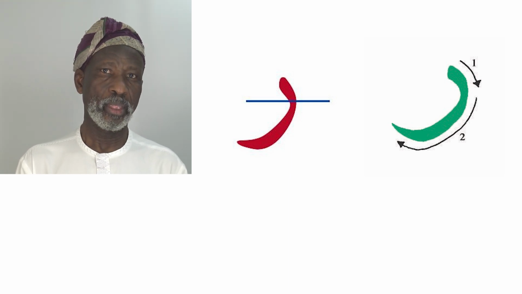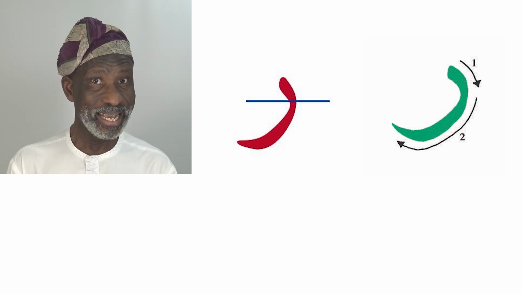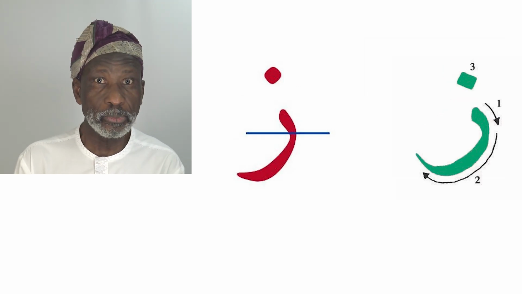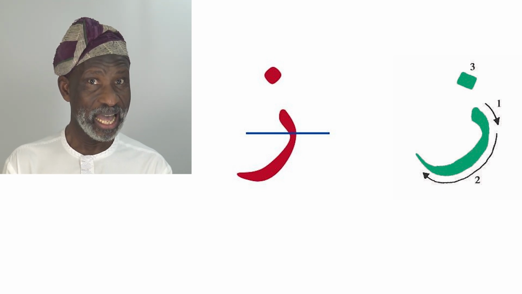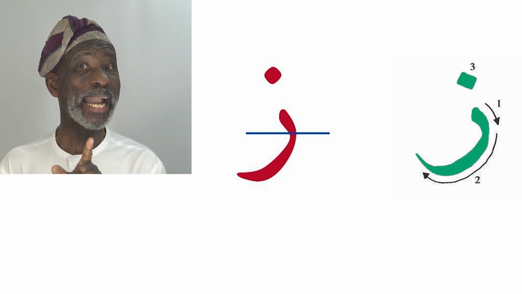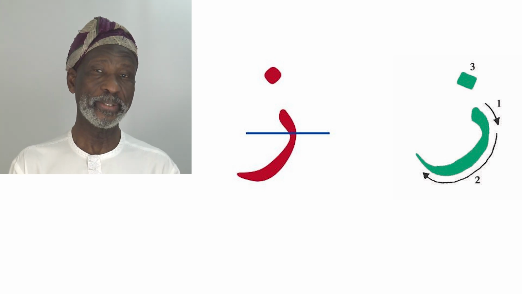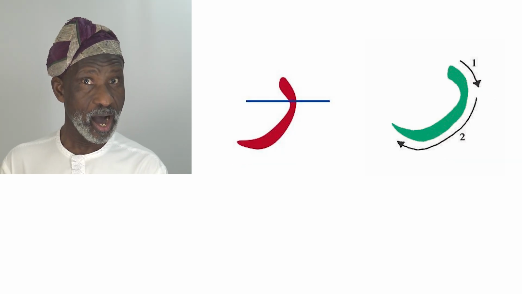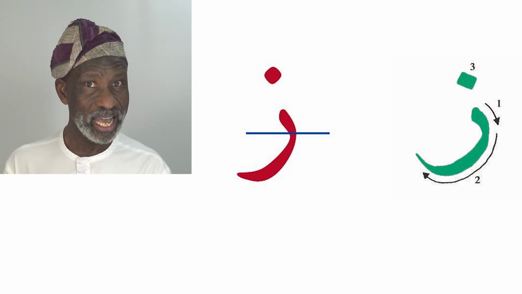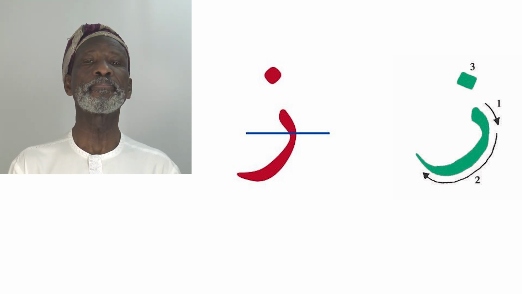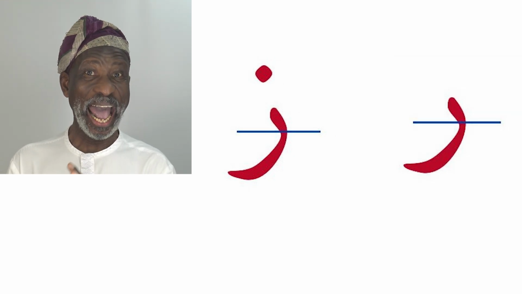And the next one is za, of the same shape. But za is with 1 dot on top. Ra, no dot. Za, 1 dot on top.